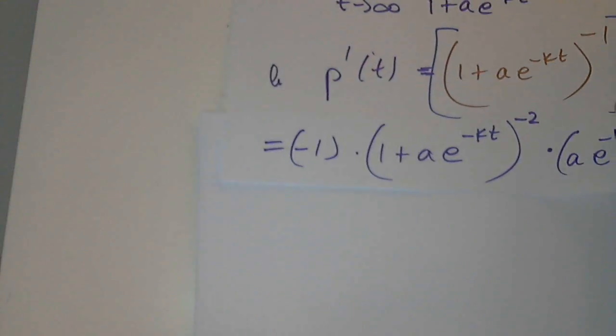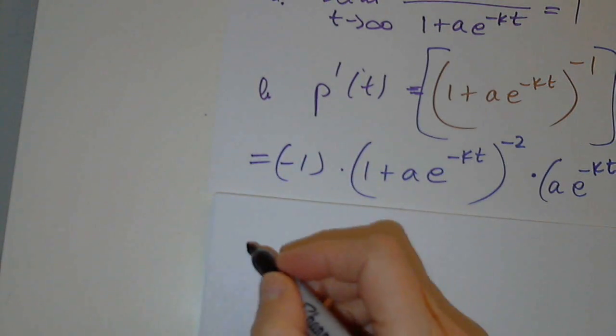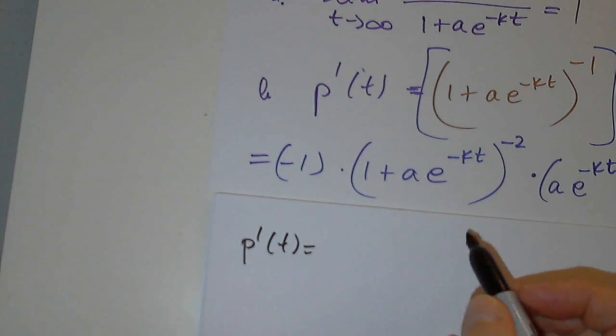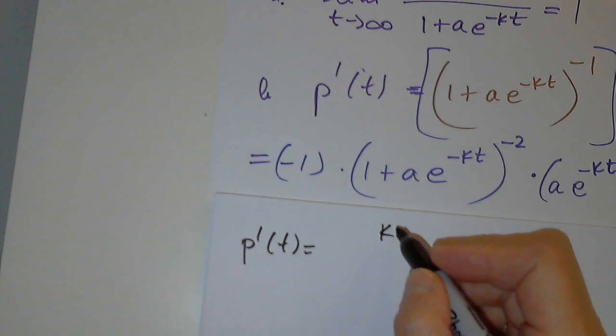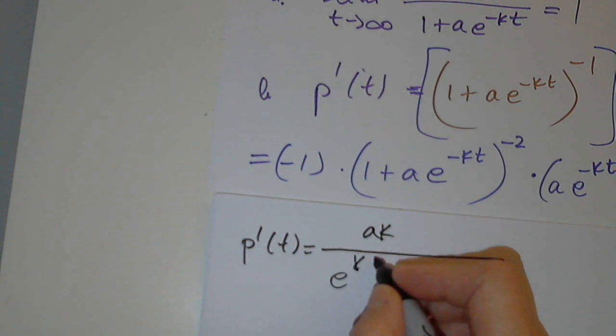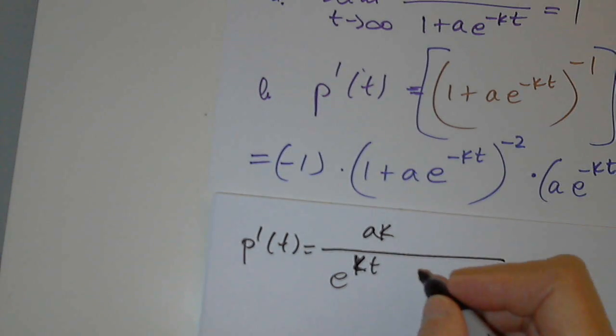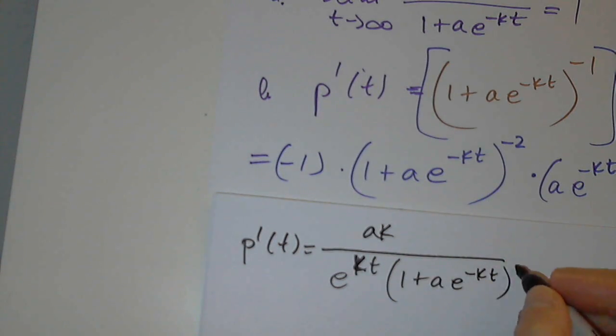And of course, I will change everything into positive exponents as much as I can. So then P prime of t will be ak over e to kt, times 1 plus a e to negative kt to the second power.